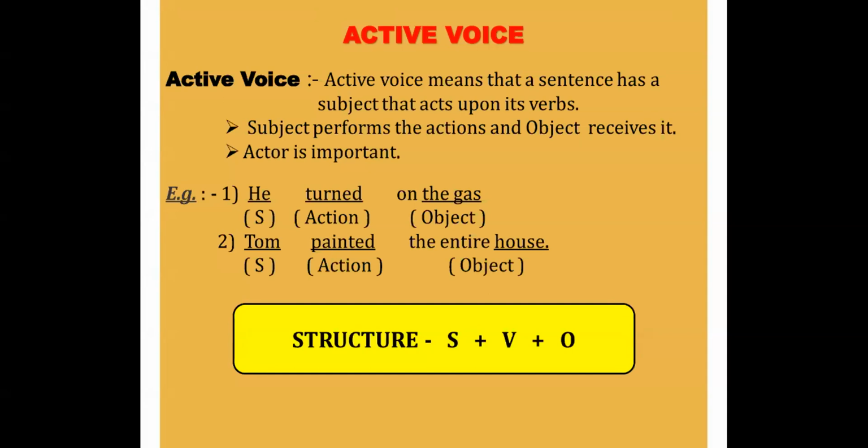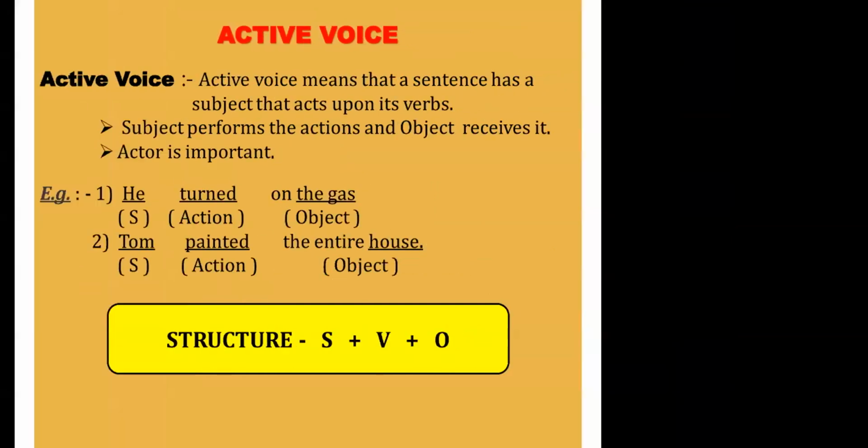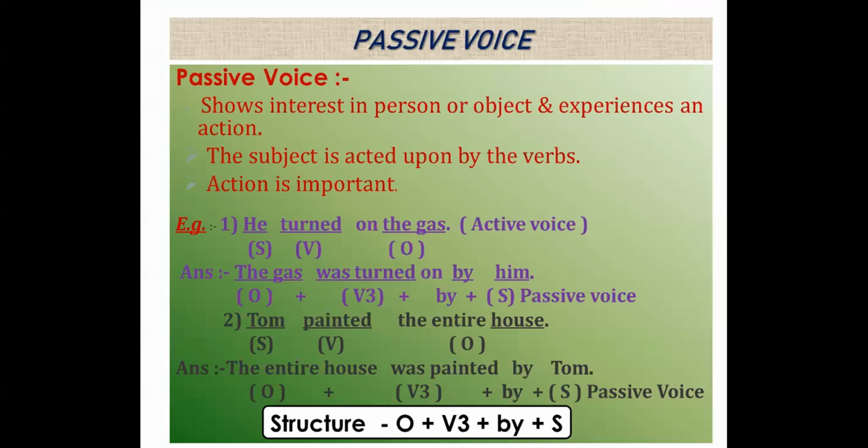Next we will see about passive voice. Now what is the definition of passive voice? Passive voice shows interest in a person or object that experiences an action. The subject is acted upon by the verbs, and action is important.